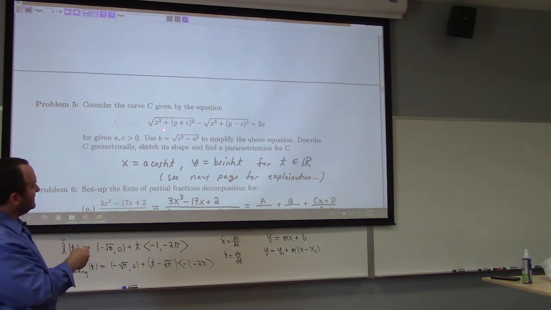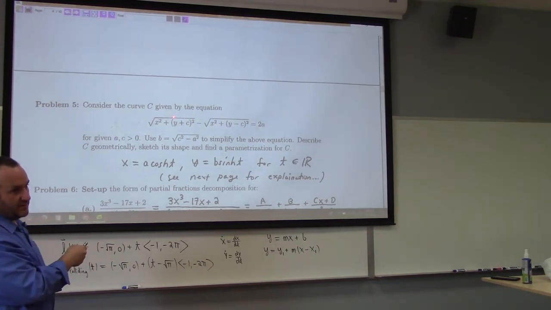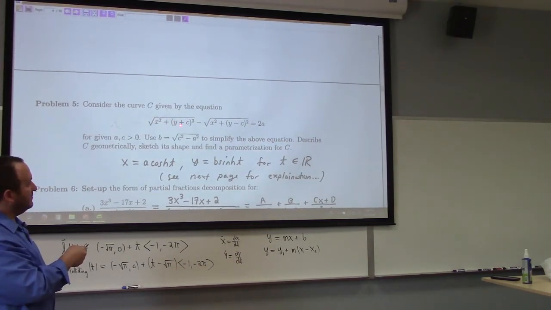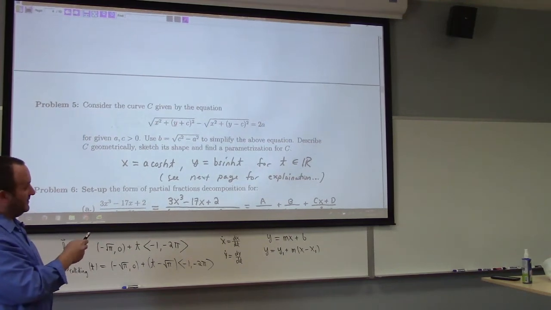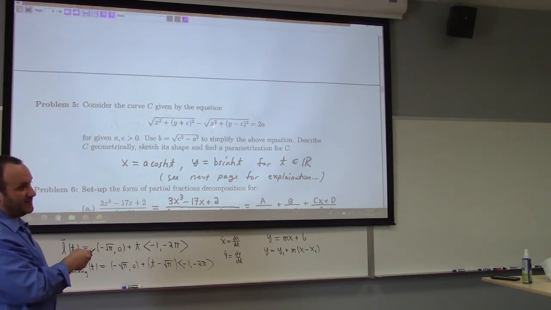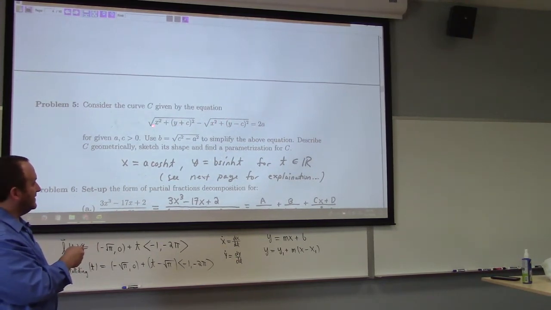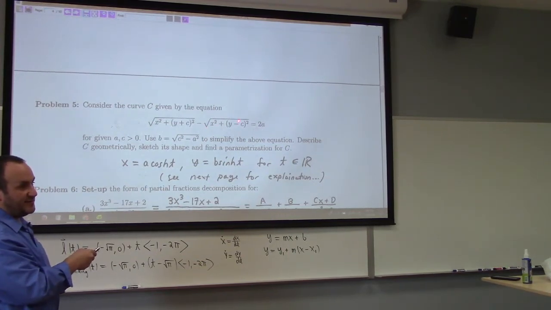This is the distance from xy to 0 minus c. This is the distance from xy to 0c. So what this equation says is that the difference of that distance and that distance to a common point xy is held constant at 2a.